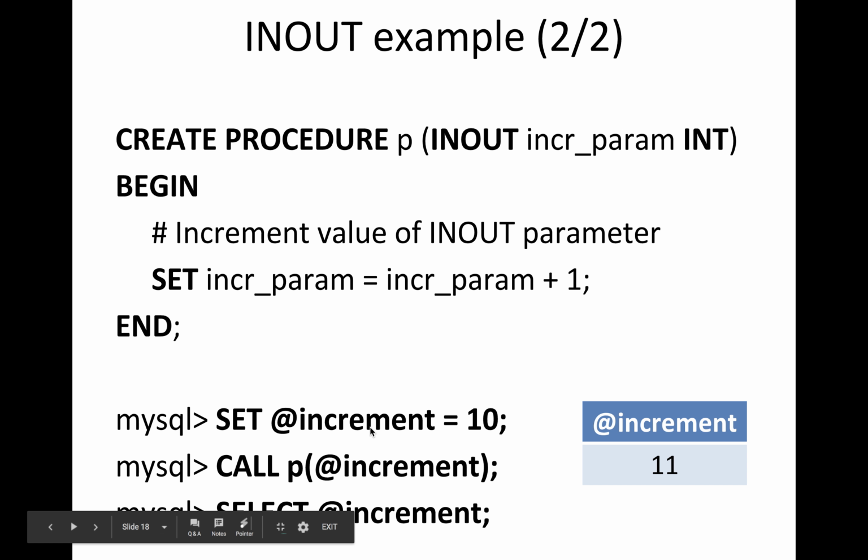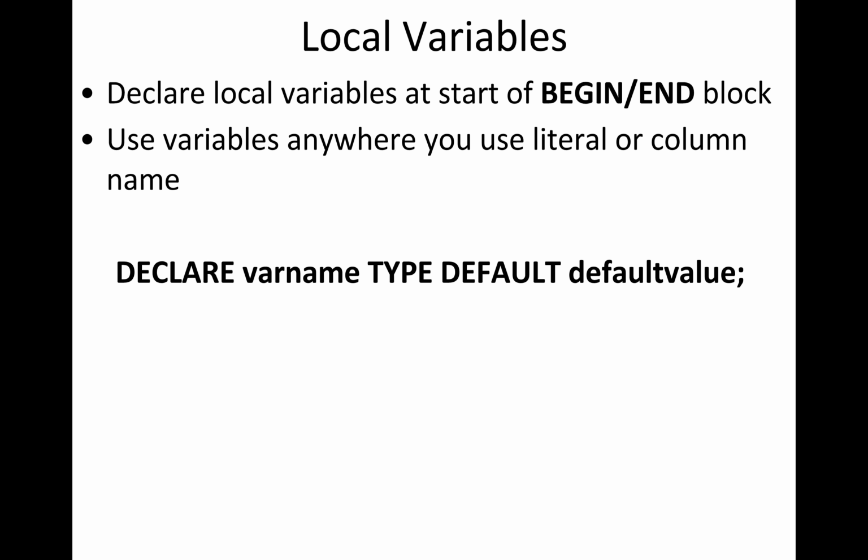If you open up different windows, you can refer to that same variable across the entire session. So here we have a variable that we are first setting to 10. We pass it as an argument, and then we receive the result, so it's kind of like pass by reference. We're passing it, it's setting it, and then we have access to the results of that variable.